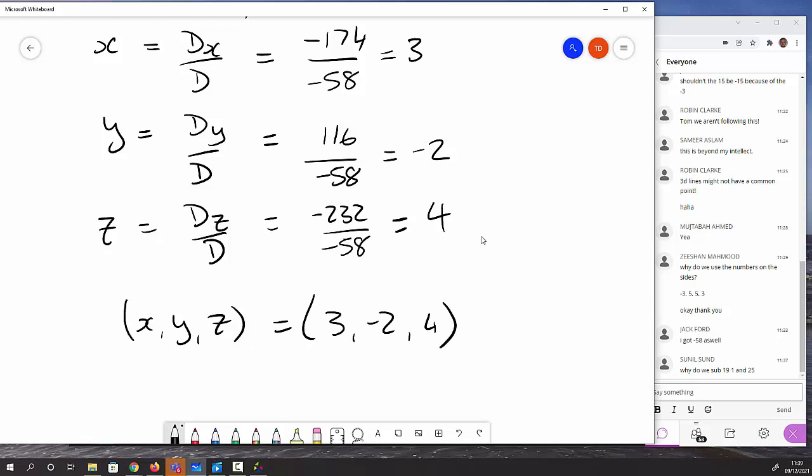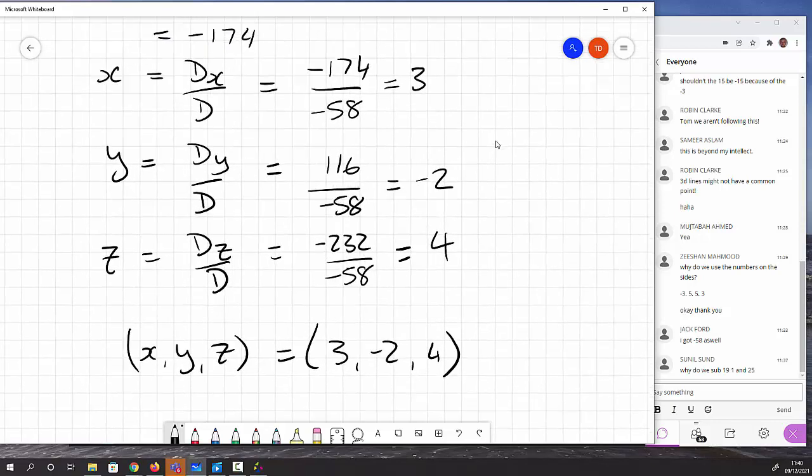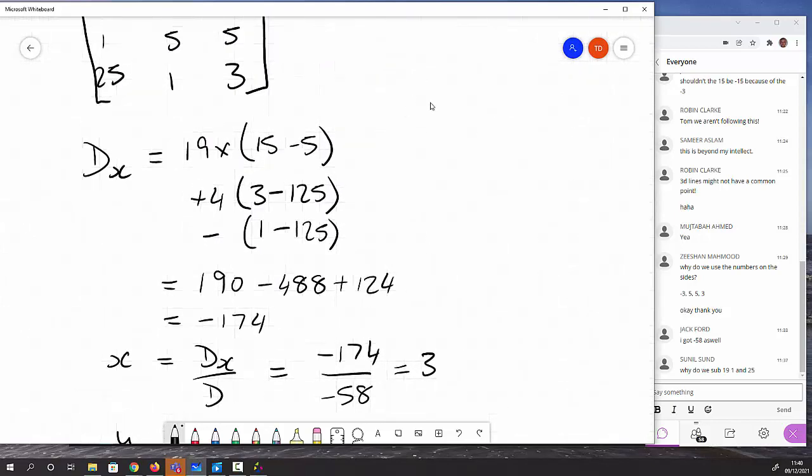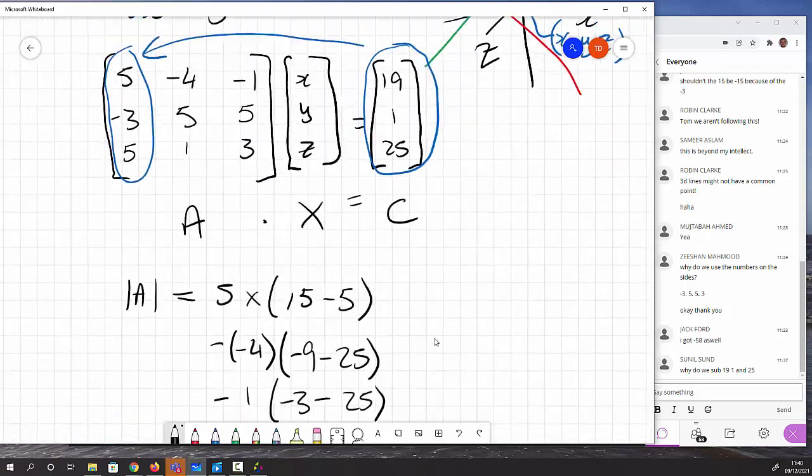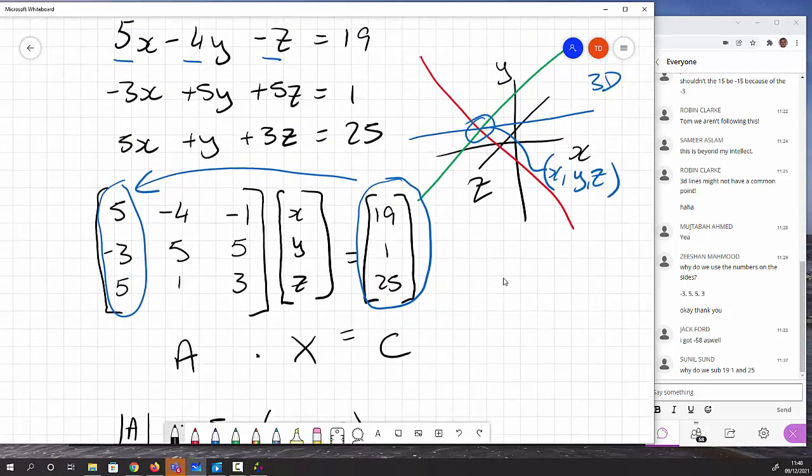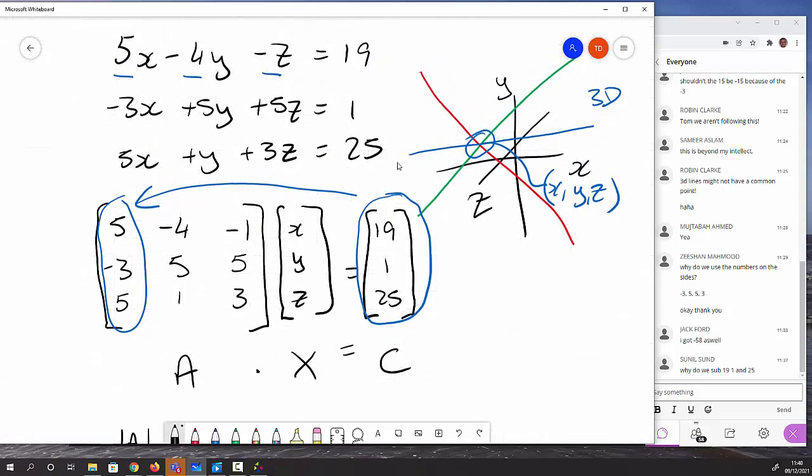Now that might have seemed like some fairly hard work, but I think that's a much simpler way of doing this than looking for different substitutions on here.